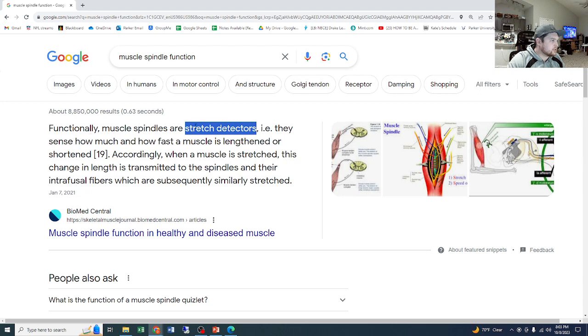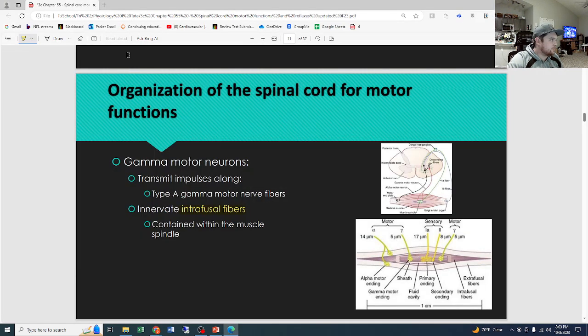Muscle spindles, stretch. Okay? Muscle spindles are our stretch detectors. Later on, we'll talk about Golgi tendon organs, and it's important to differentiate their functions: Golgi tendon organs detect tension, whereas the muscle spindles detect stretch.